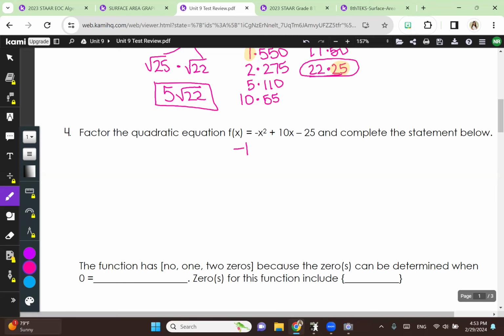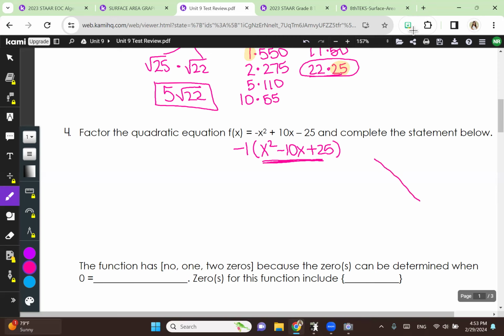So negative 1 times negative x squared is negative x squared. If I take out the negative 1, that becomes a negative 10x, and the 25 ends up being positive 25. And the reason for that is because you won't be able to find the factors if you convert that. So from there, I'm going to take this part of it and factor that.